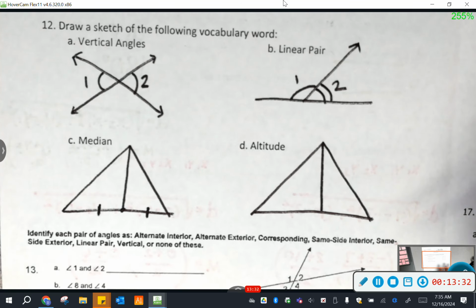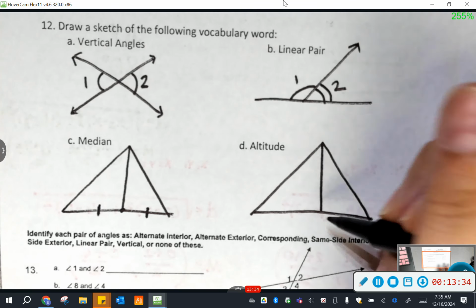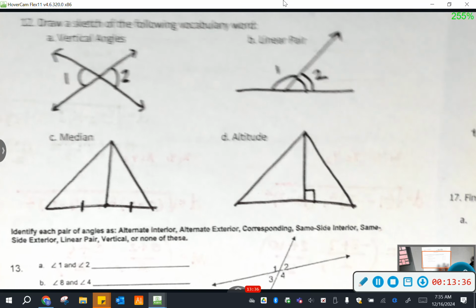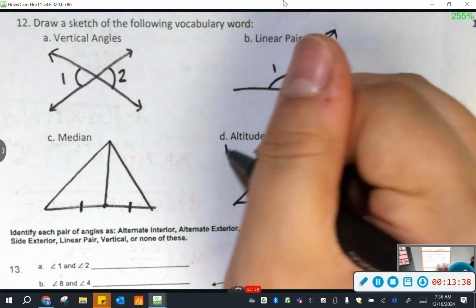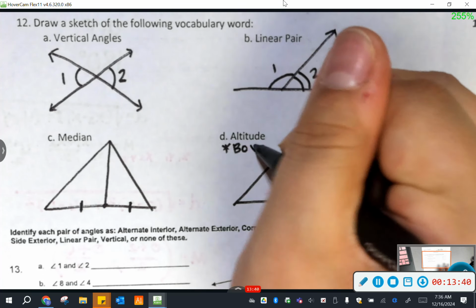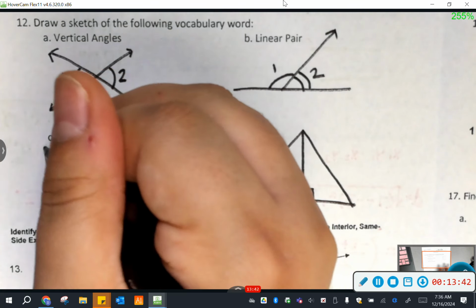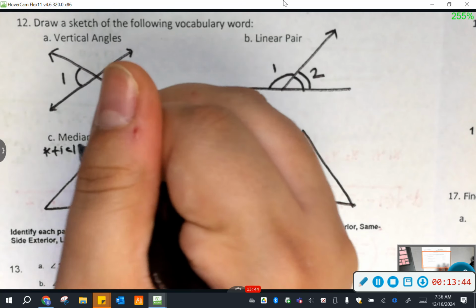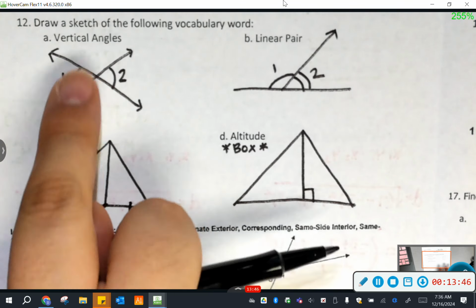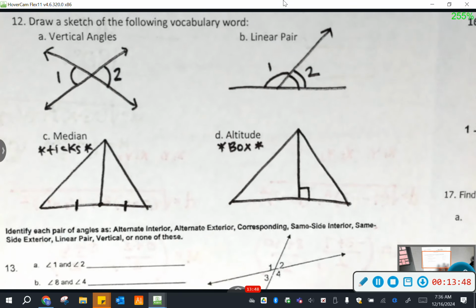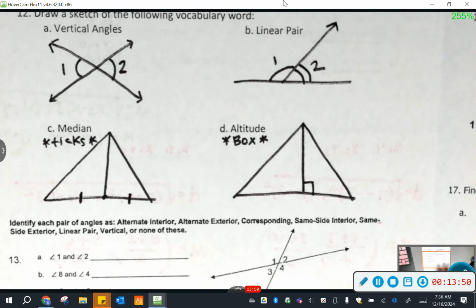Not tick marks. The height has to have a box. So just remember, altitude has a box. A median has tick marks. And I feel like y'all know those.